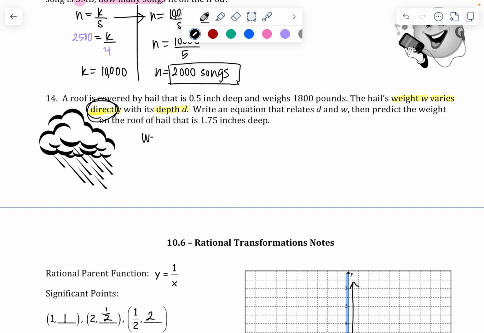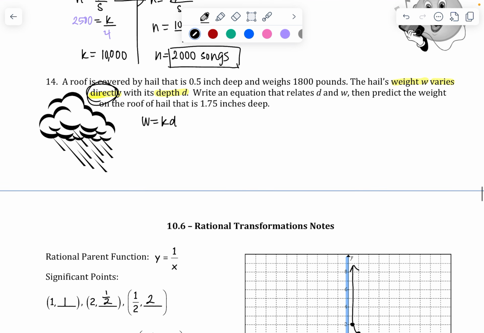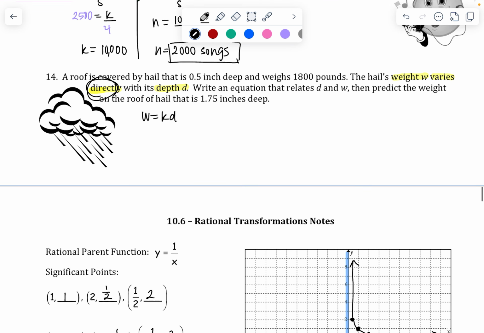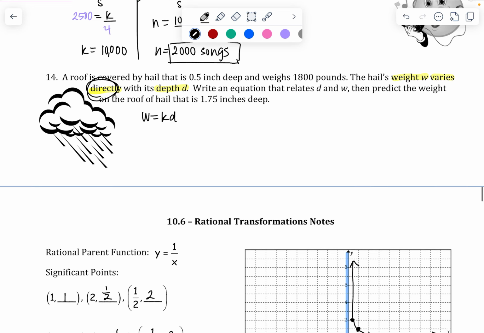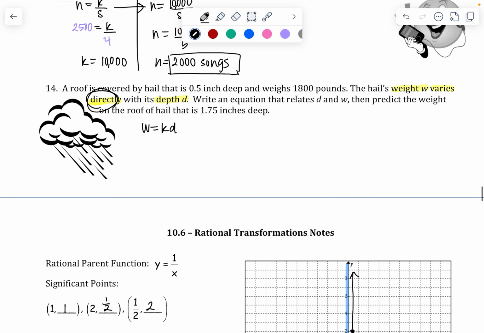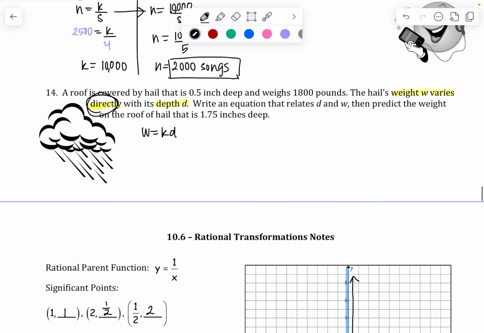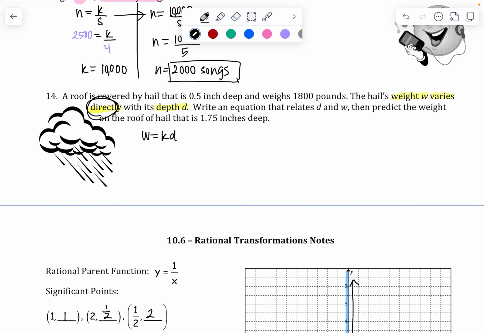Directly means W equals K times D, not K divided by D. Write an equation that relates D and W, then predict the weight of the roof of hail that is 1.75 inches deep. So in the first sentence, they gave us the information we needed to find K. So depth is 0.5, weight is 1,800.